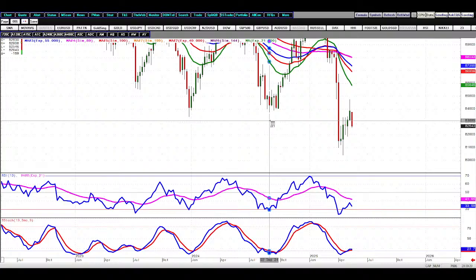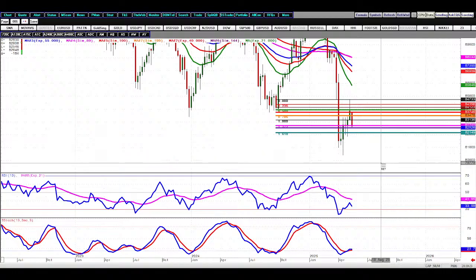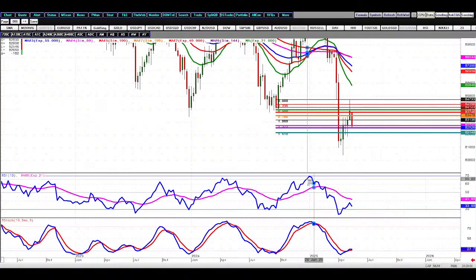If I'm going to find the low, I need to see what is the low for all the time frames: weekly low, daily low, hourly low, 15 minutes low. Then we can get a very precise entry level.